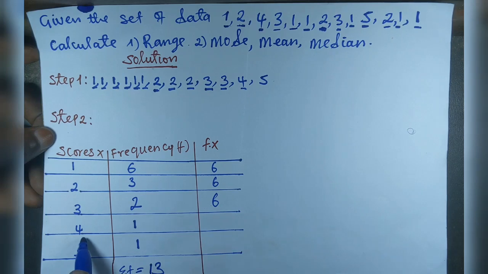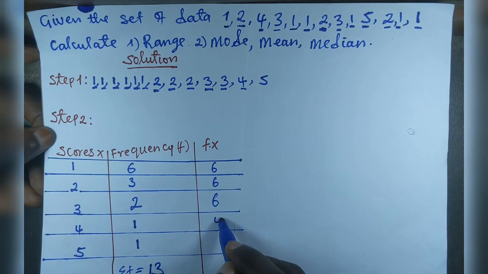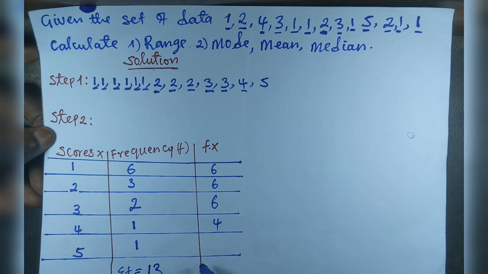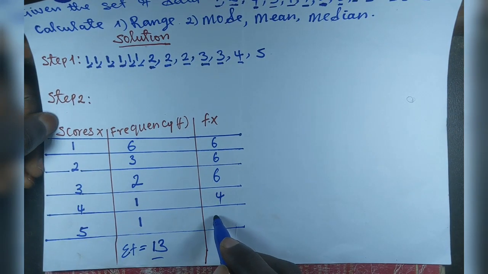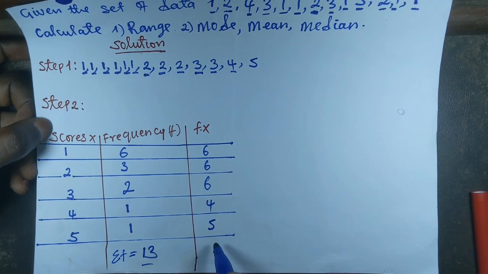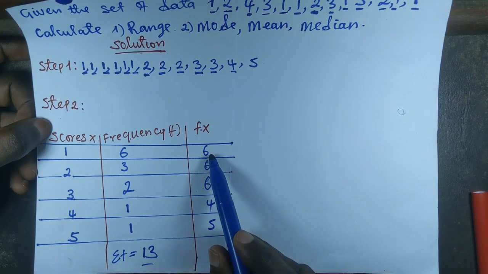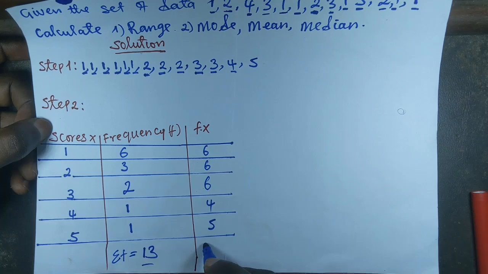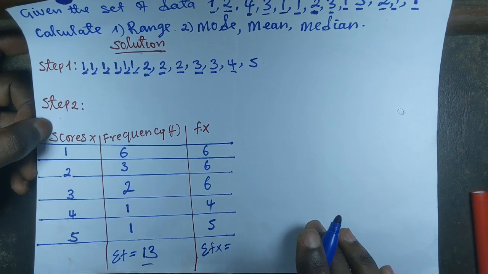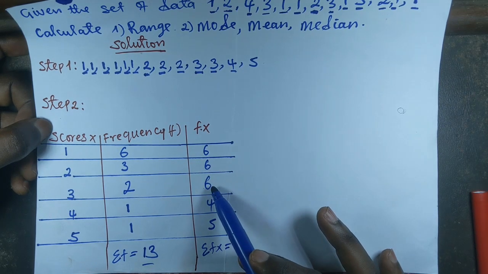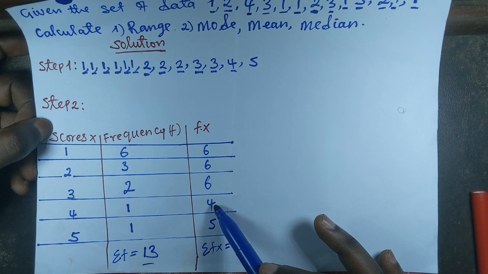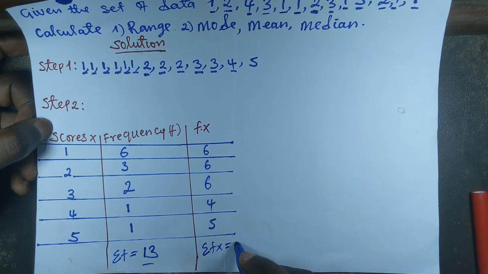Then 4 by 1 gives us 4, and 5 by 1 gives us 5. We need to look for the sum too. The sum of fx is equal to, when you sum this, 18, plus 4 gives us 22, plus 5 gives us 27.